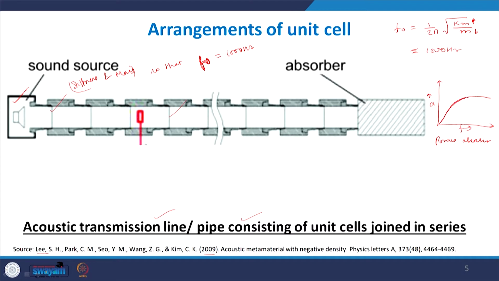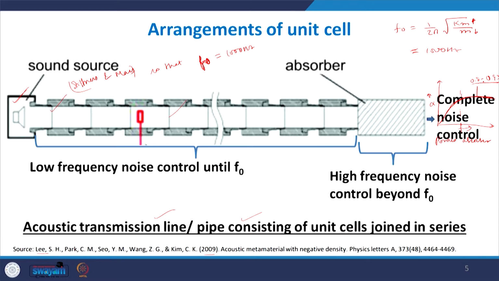Usually at low frequencies up till 1000 hertz or so, the performance is low, they are not able to block or dissipate the sounds, but suddenly beyond this they have a performance of 0.8 to around 0.95 or so, a good absorber. So, at high frequencies they are able to absorb well.